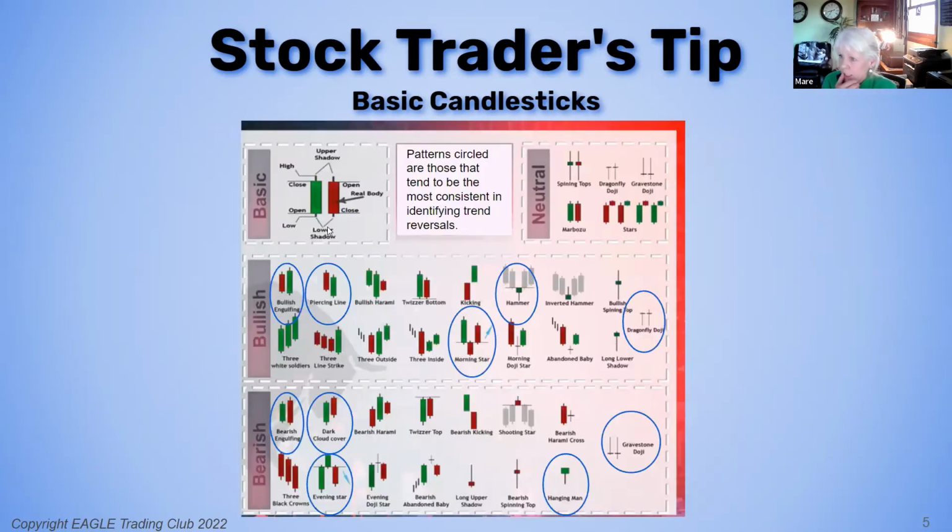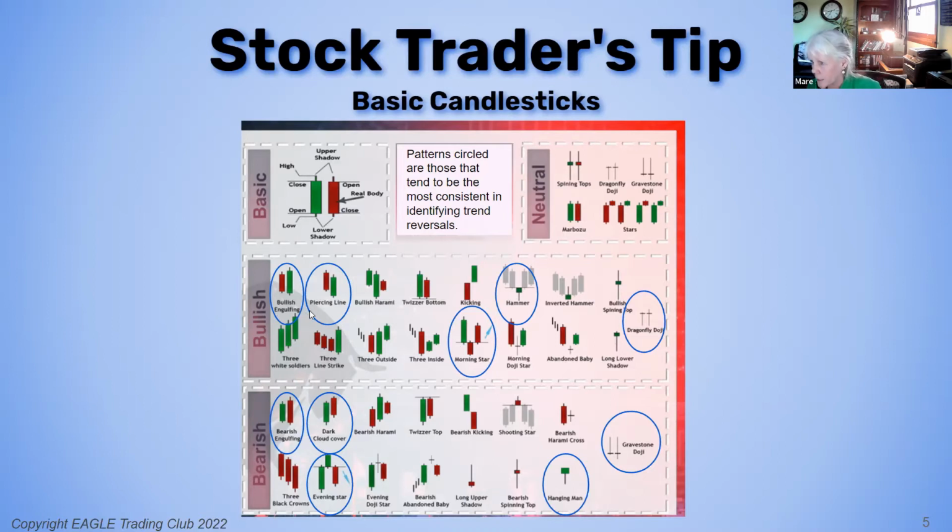Now this is a cheat sheet, and I recommend that you guys print this slide off and have it available at all times to reference when you're doing your analysis. I highlighted or circled the ones that I'll be talking about today, and these are the most valuable in my opinion.